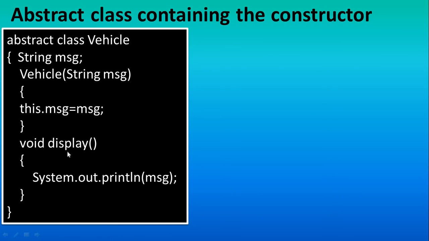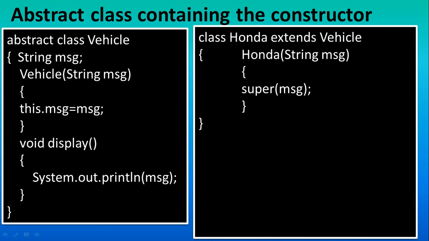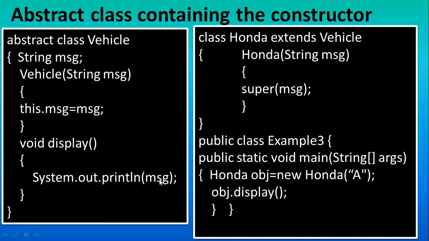And here we have the display method for printing the message, and we are taking one more class and passing the parameter constructor, and here we are writing super(msg), so that by using this super call the message will be passed to the base class constructor, and because of that we get the value initialized, and then we can get the output. So here in the main method you have to create the derived object.